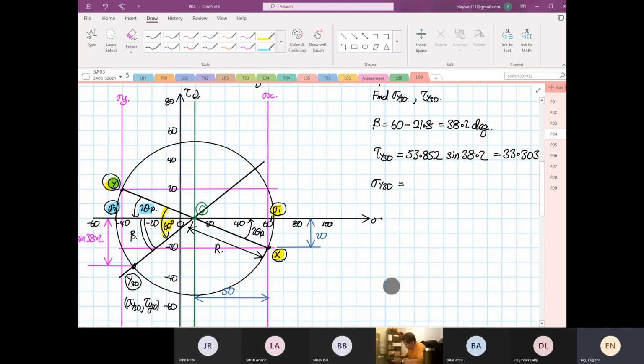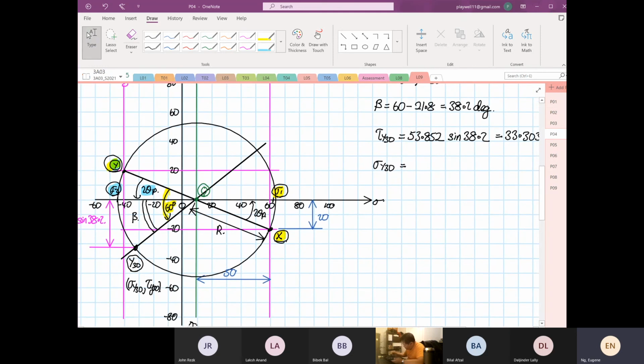Now to find stress Y30, the calculation is a bit longer. You have to take from your average stress, which is 10. Because Y30 is going towards the left, that distance is minus 53.852 cosine 38.2. It cannot be sine because you used sine already. That's why I do shear first. So this is a bit tricky now.